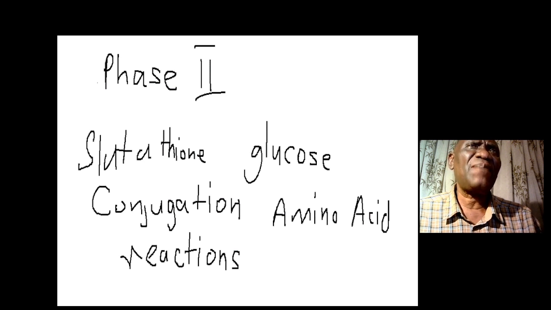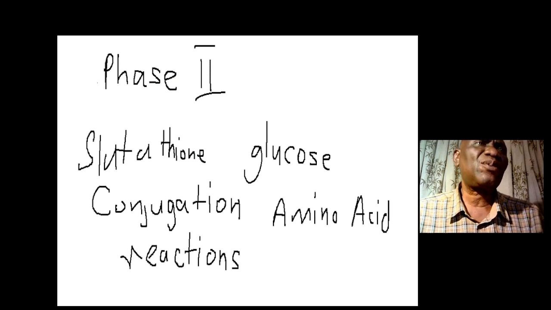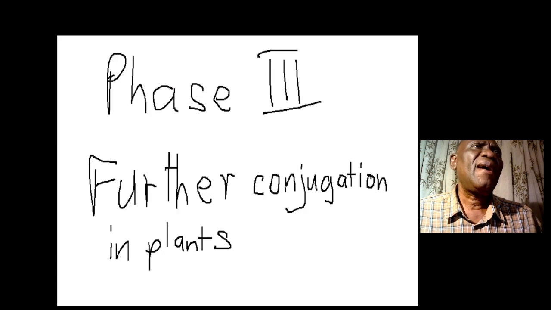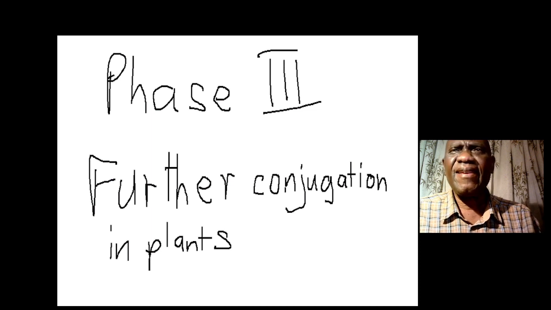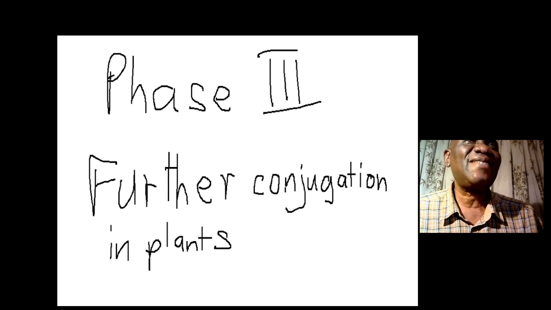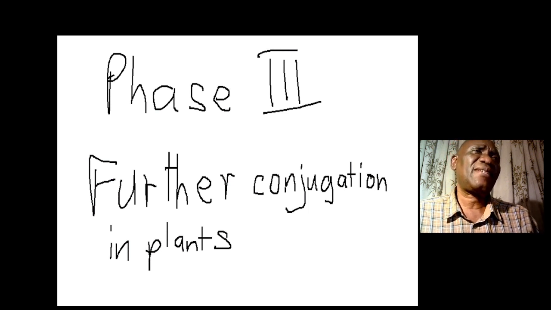Then we have got the amino acid, which can also react with the pesticide. Whatever is produced at this stage will further detoxify the pesticide. And finally, in the plants, there is a further conjugation which will even make the pesticide less toxic.